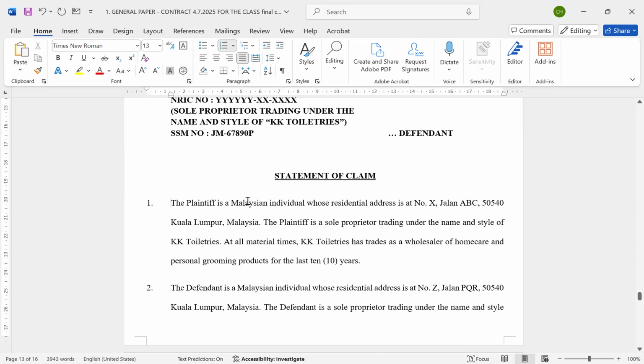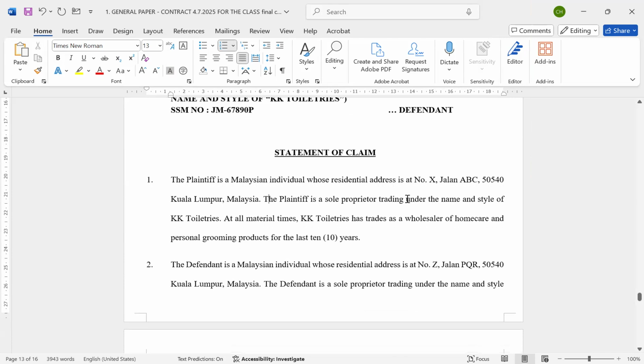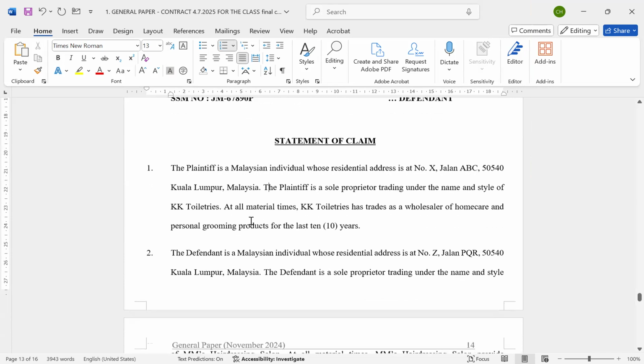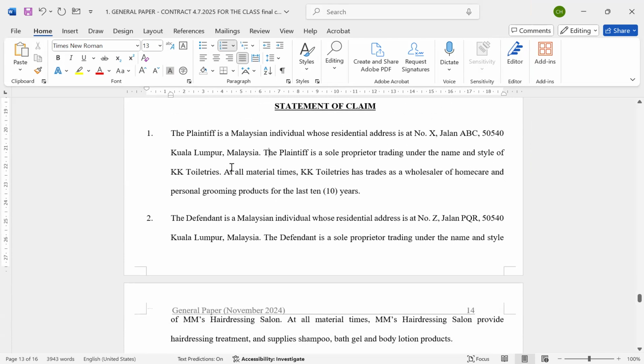The plaintiff is a Malaysian individual whose residential address is at KL. The plaintiff is a sole proprietor trading under the name and style of KK Toiletries. At all material times, KK Toiletries has traded as a wholesaler of home care and personal grooming products for the last 10 years.